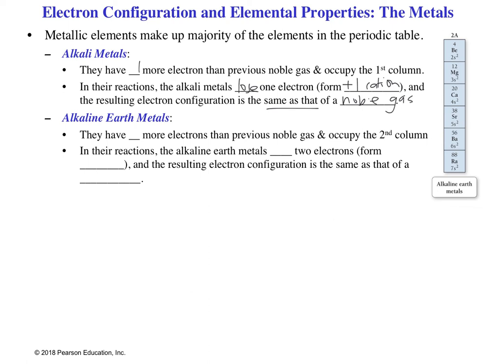Alkaline earth is the 2A, like mentioned here, and they have 2 more electrons than their last noble gas in that second column. They like to lose 2 electrons to form a positive 2 cation, giving them the same electron configuration as a noble gas.